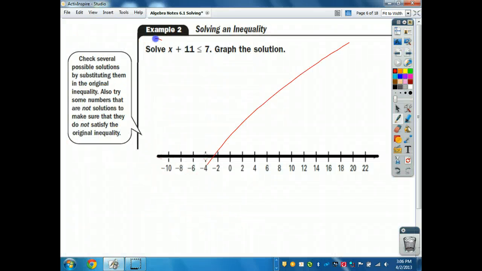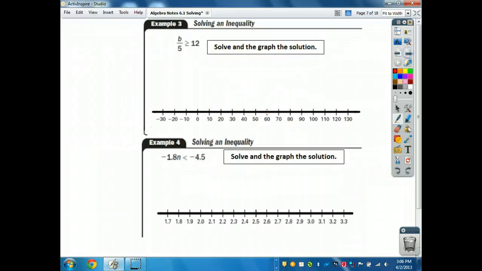Cross out example 2. All right, example 3. What do I need to do? I have b divided by 5 is greater than or equal to 12. I have to multiply both sides by 5. So b is, do I flip it?